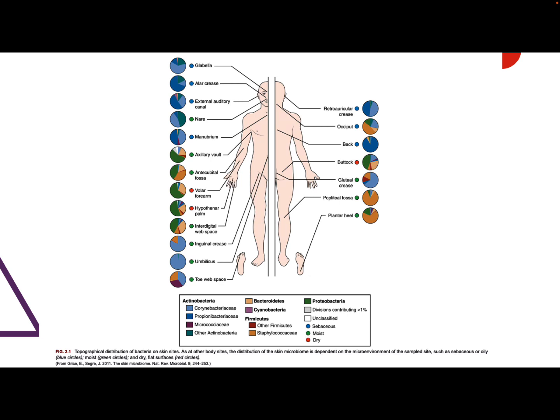What a lot of scientists are working on now is understanding how these organisms that we carry around with us can affect things like our immune system, our thought processes, right? There's this gut-brain axis.